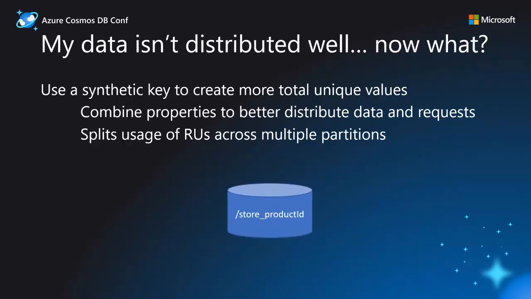For this scenario, say we actually combine 2 properties, store and product ID, and we create a new property that we partition on. So this is great. For our particular collection, this actually creates a unique value. So this is unique per document. So what we can do is we can actually feed that value into the ID.